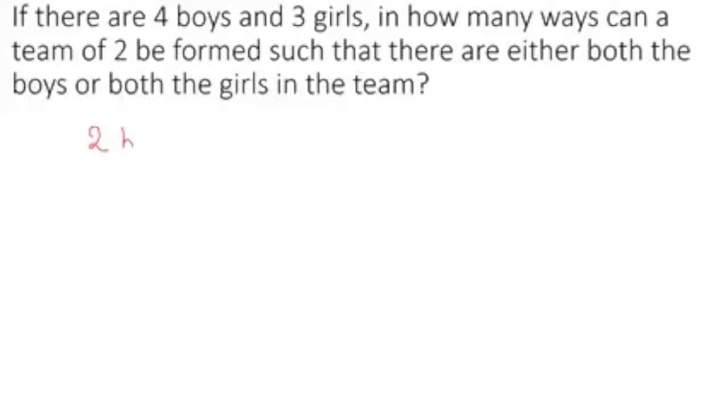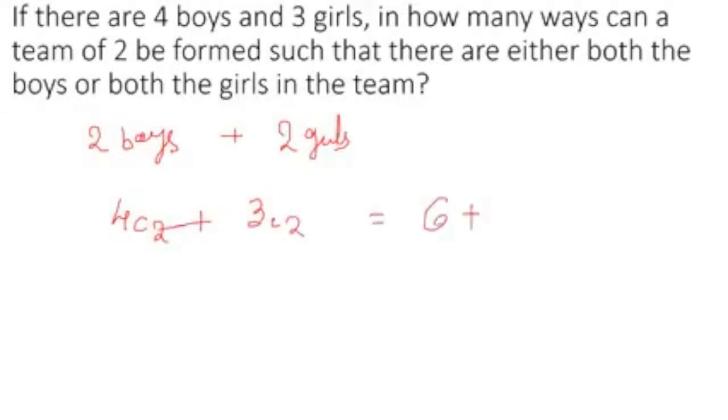So the number of ways of selecting 2 boys from the 4 boys is 4C2, plus 3C2 for the girls. So the final answer is 6 plus 3, which is 9 ways.